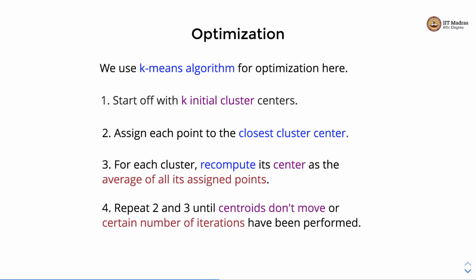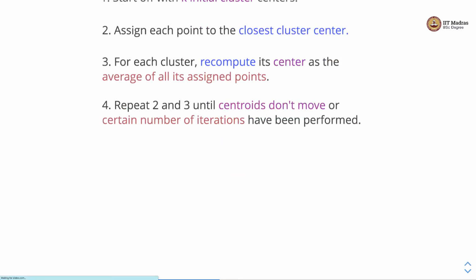We repeat step number 2 and 3 until centroids do not move or certain number of iterations have been performed. So it's a simple algorithm with these 4 steps. And k-means algorithm is an instance of a more general algorithm called expectation maximization, or EM.